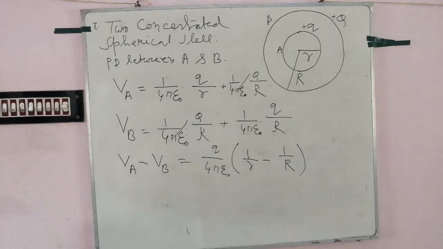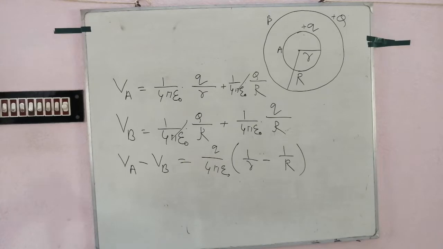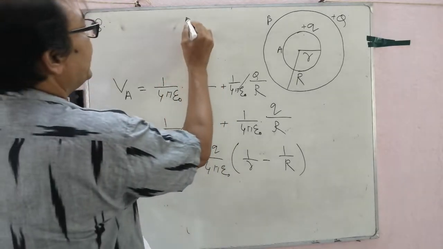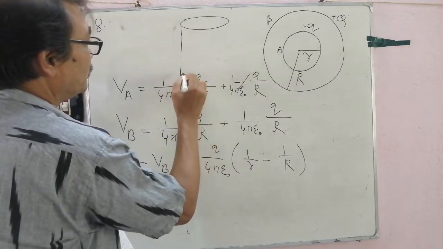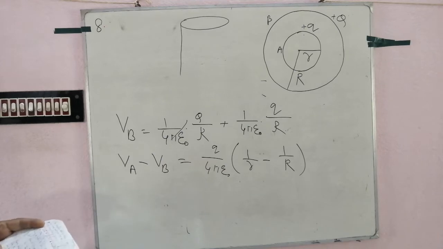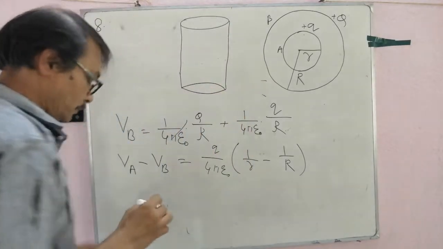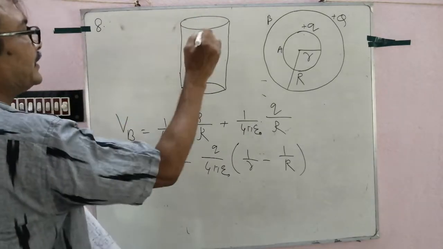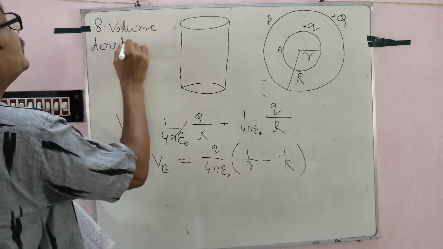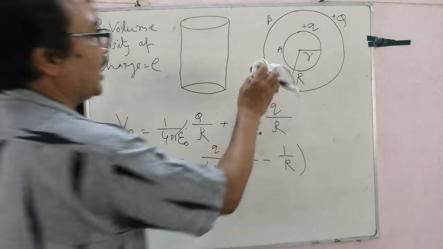Next, question number 8. Follow. A big cylinder, with volume density of charge rho.